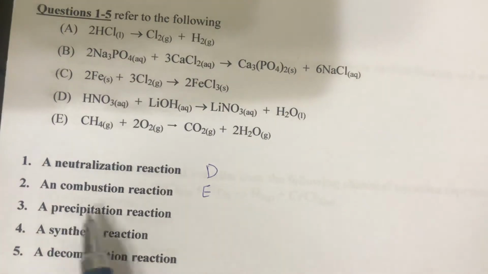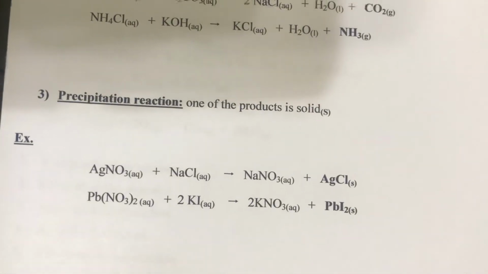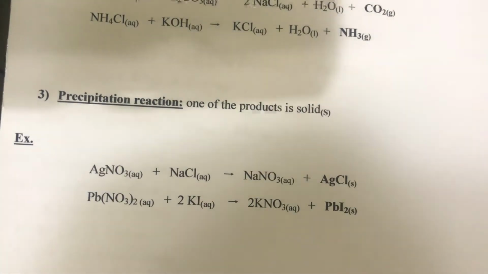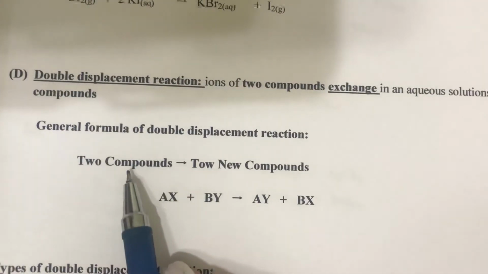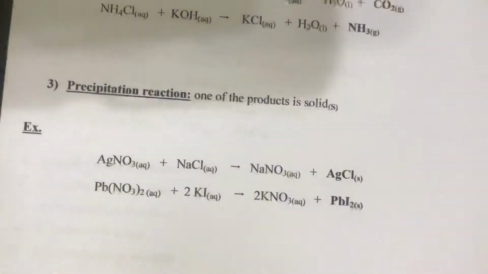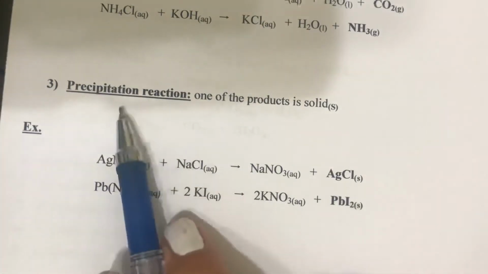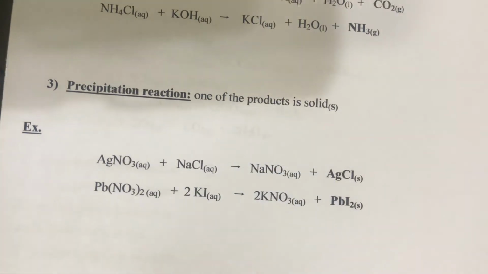Now a precipitation reaction. A precipitation reaction is a type of double displacement reaction. In the general formula of double displacement reactions, the reactants are two compounds and the products are two compounds. And in a precipitation reaction, one of the products is solid.